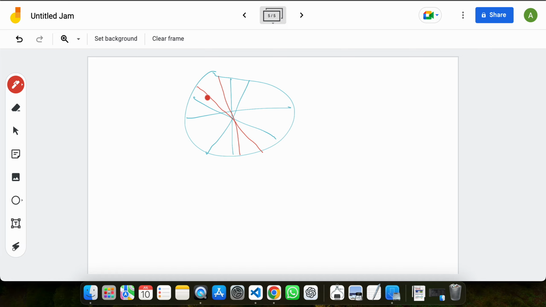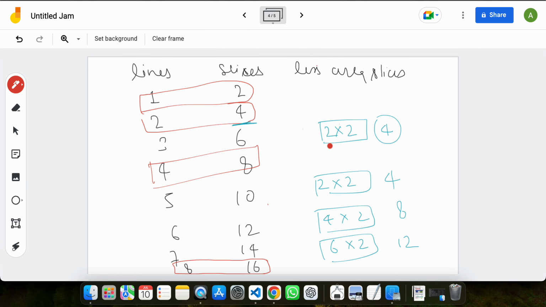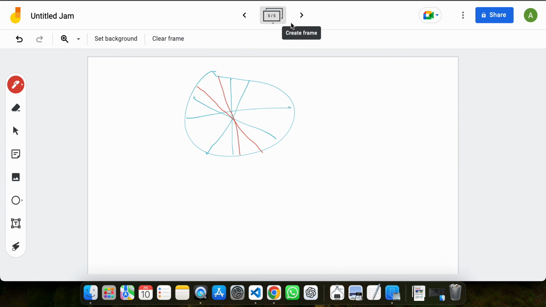So for these 2 slices, the difference is 2 slices, which means I have created only one line. Sorry for that. As the difference is 2 slices, I have created only one line, because one line creates 2 slices.